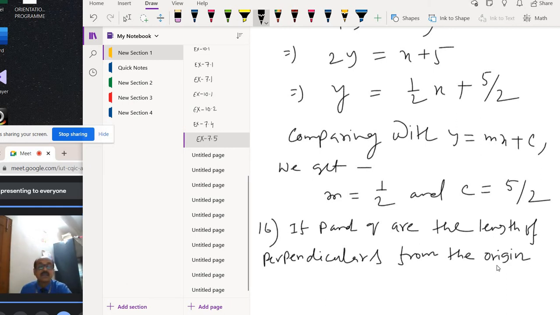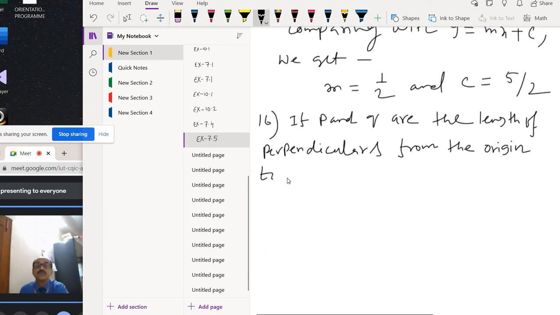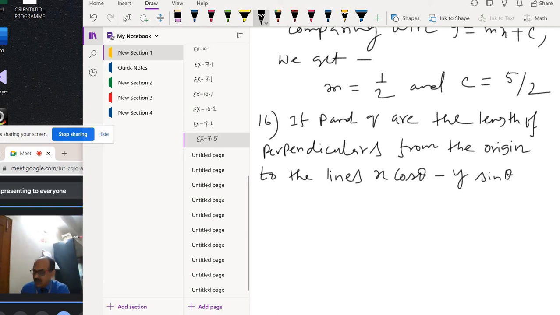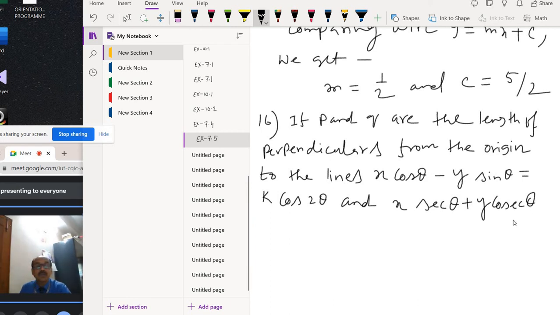From the origin to the lines x cos theta minus y sin theta equal to k cos 2 theta, and x sec theta plus y cosec theta equal to k.